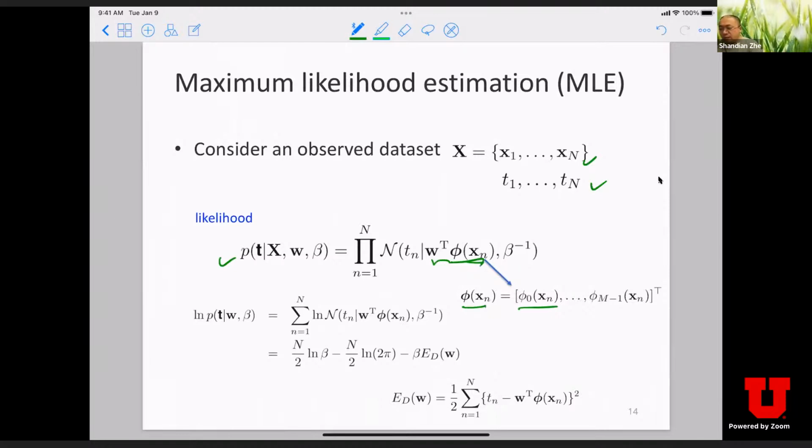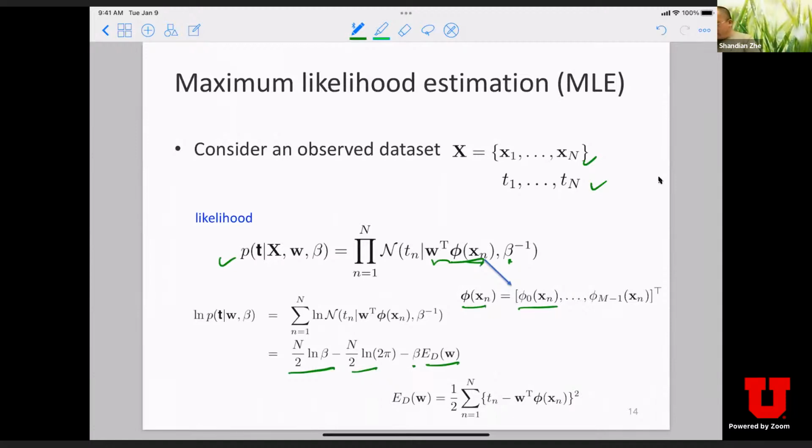And then if we take the logarithm of the joint likelihood, we find that the log likelihood has this form. It is n over 2 times the logarithm of beta. Remember, beta is the inverse variance of the Gaussian likelihood. And this term is constant, and then subtracted by beta times some square error.